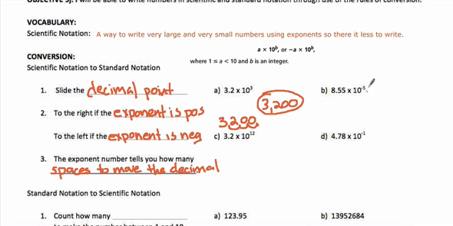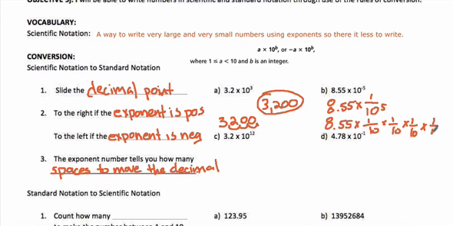Now let's look at this one and see why the negative works here. So we have 8.55 times 10 to the negative fifth. Well, the negative is actually going to put this in the denominator. So we actually have 8.55 times 1 over 10 times 1 over 10 times 1 over 10 times 1 over 10, times 1 over 10.